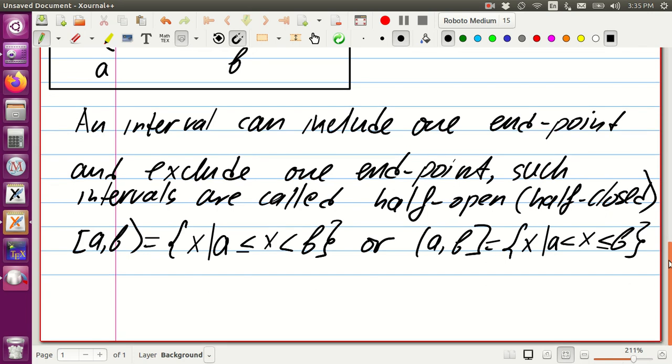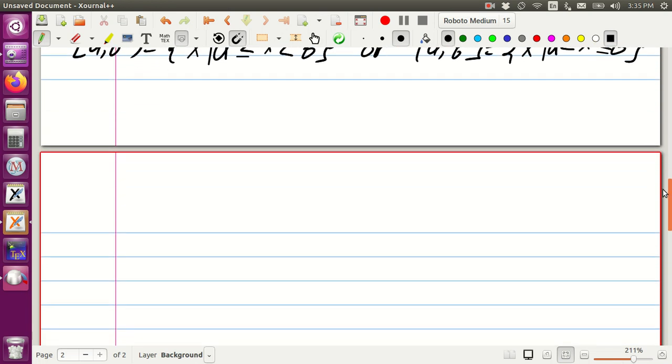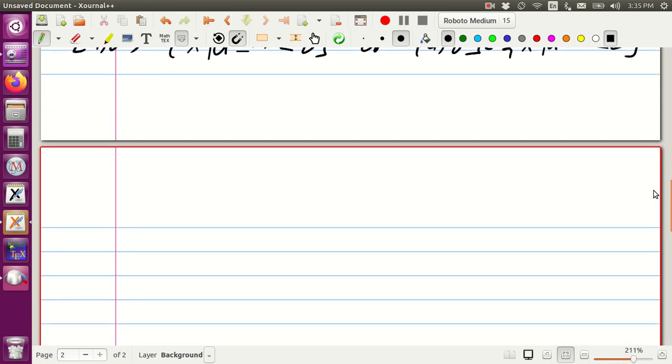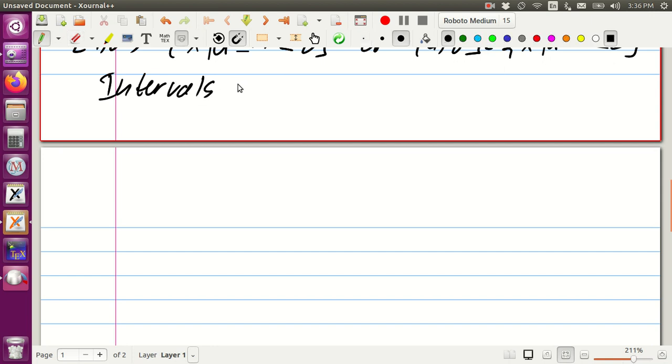In other situations, it is possible that the intervals can extend forever to the right or forever to the left. So intervals can extend indefinitely.